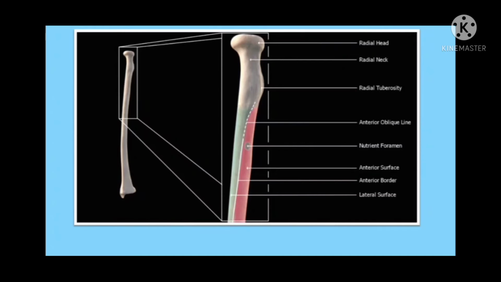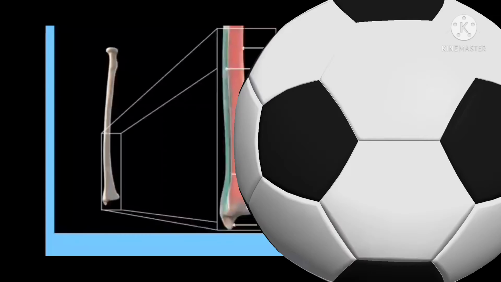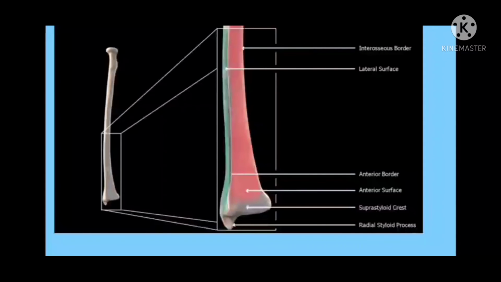Next we have the supinator muscle, which is inserted into the upper part of the lateral surface, which helps in supination or stabilization of the bone. Next we have the pronator teres, which is inserted into the middle of the lateral surface. By the name, it helps in pronation of the bone.